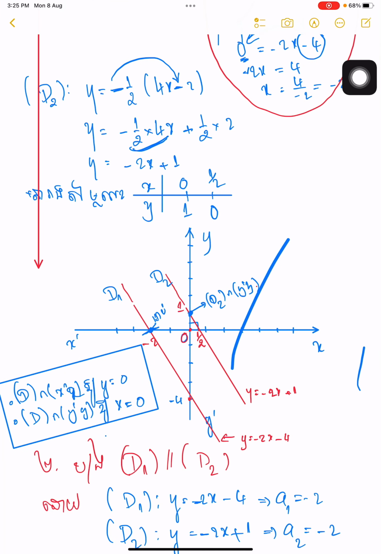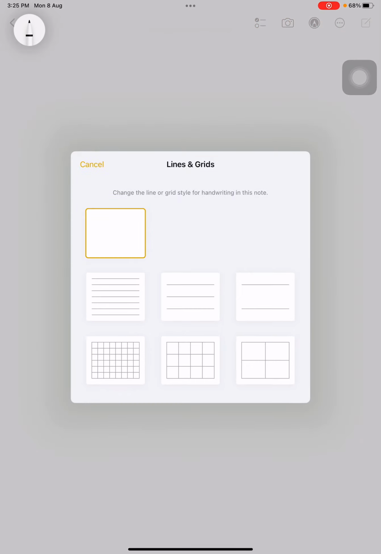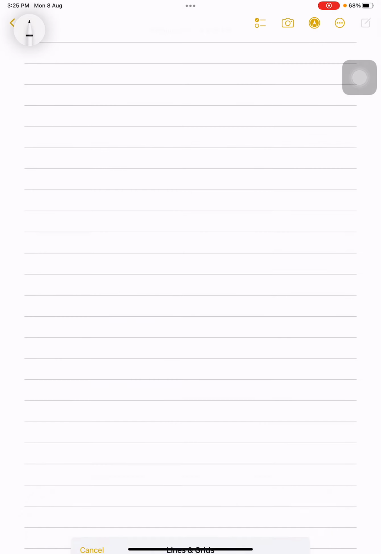Yes, the learning objectives. After we study this lesson, we will learn about the points below. Unit 8, algebraic expression.